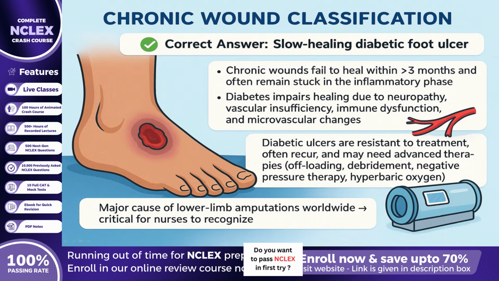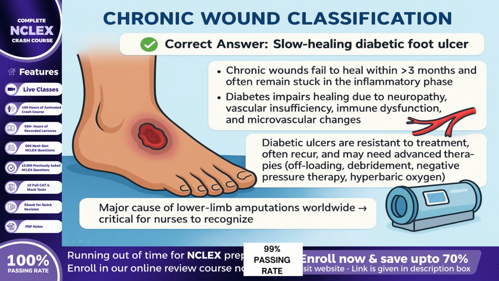Chronic wounds are those that fail to progress through the normal orderly stages of healing within the expected time frame, which is usually more than 3 months. And they often remain stuck in the inflammatory phase. In diabetes, multiple factors such as peripheral neuropathy, vascular insufficiency, impaired immune response, and microvascular changes interfere with perfusion and oxygen delivery to tissues.